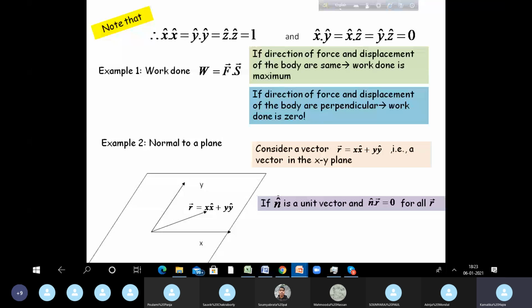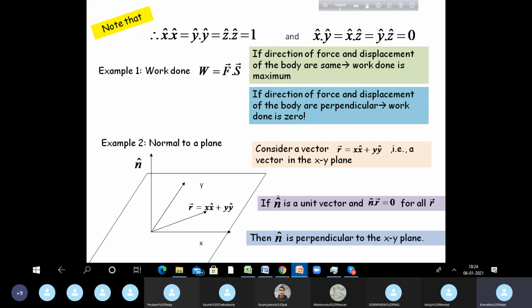But if n cap is a unit vector such that n cap dot r equals 0 always, for whatever value of r you have, then we say that n cap is perpendicular to the entire xy plane. This is what I mean. If you have a vector n cap such that n cap dot r equals 0 for all r, then we can say in general that n cap is a vector that is perpendicular to the entire xy plane.